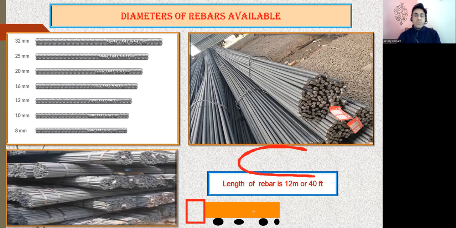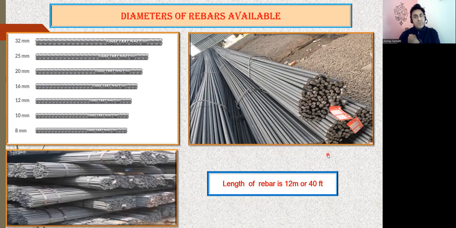The truck that was available in those days had a length of about 6 meter. This is only 6 meter, but the bar available is 12 meter. That is why we bend the bar and keep it this way. That is why the length is restricted to 12 meter. That is one reason, so in the market you get a 12 meter bar. If somebody asks you in terms of feet, you can say 40 feet.